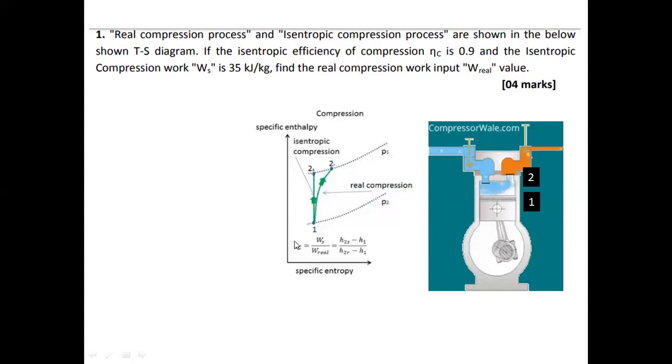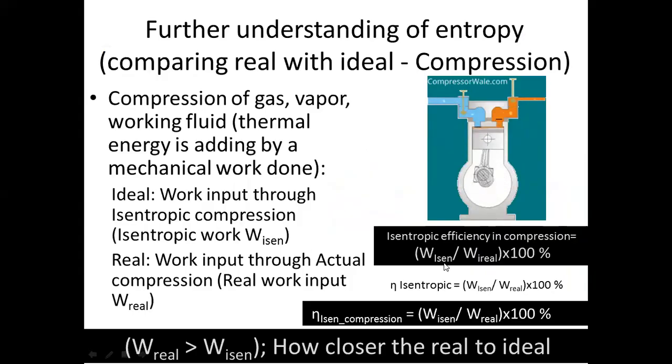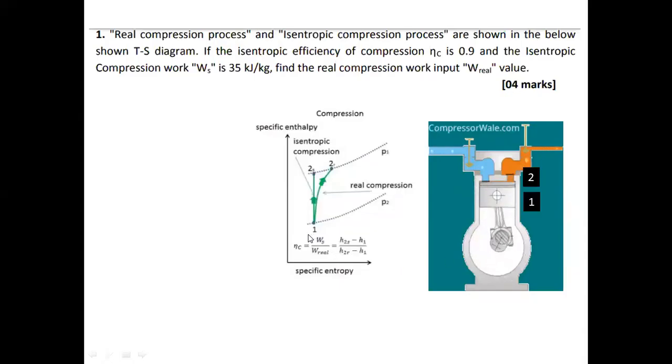The efficiencies we have explained: W isentropic divided by W real. See, isentropic is WS by W real. So this data is all given. Asking for the real compression work input is quite simple, but there should be some very good understanding.